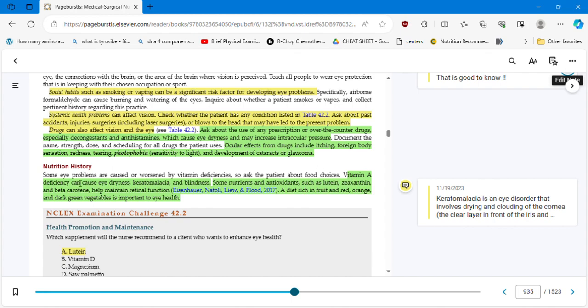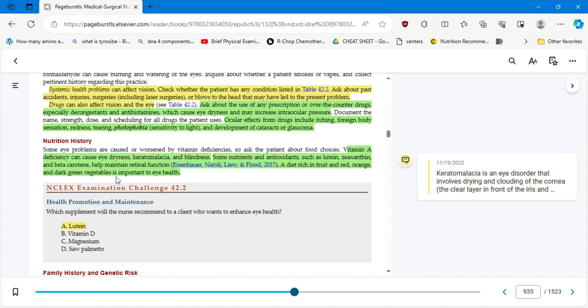Okay, nutrition. Vitamin A deficiency can cause eye dryness, keratomalacia, and blindness. Some nutrients and antioxidants such as lutein, zeaxanthin, and beta-carotene help maintain retinal function. A diet rich in fruit and red, orange, and dark green vegetables is important to eye health.